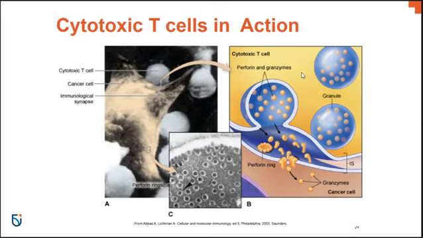After forming an immunological synapse, which you can see happening here with the tumor cell, the cytotoxic T cell releases what's called perforin, which essentially triggers apoptosis or cell death of the cancer cells. So perforin almost perforates the membrane in order to allow for granzymes to then enter the cancer cell and attack or trigger apoptosis.